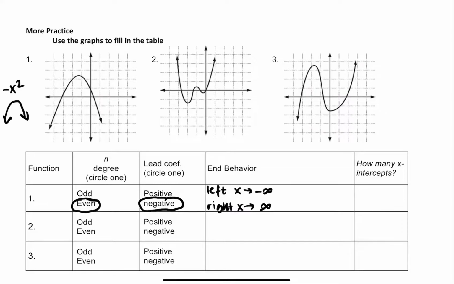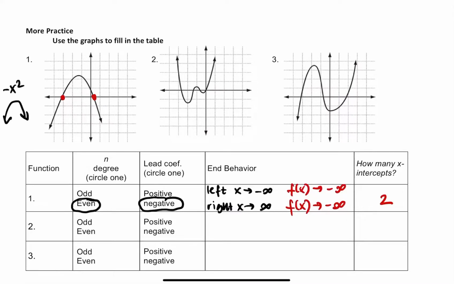So I'm going to say that f of x is going to negative infinity. If I look at the right side of my graph, the value of the function also is going to be a really big negative number because it's facing down. So I'm going to write that f of x again is equal to negative infinity. Now, how many intercepts do we have? The intercepts are right here. There are 2 intercepts.